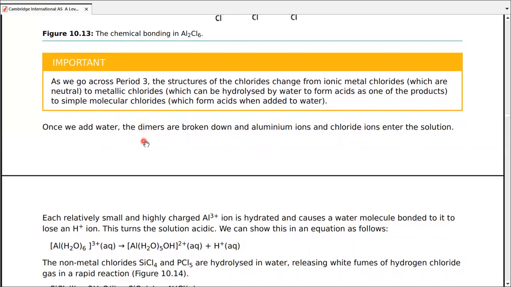Okay, as we go across period three, the structure of chlorides changes from ionic metal chlorides, which are neutral, to metallic chlorides, which can be hydrolyzed by water to form acids as one of the products, to simple molecular chlorides, which form acids when added to water.